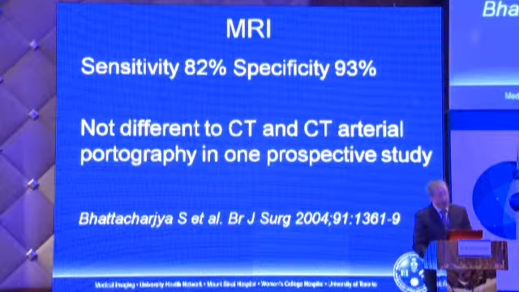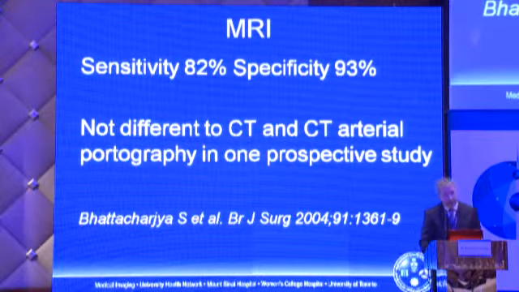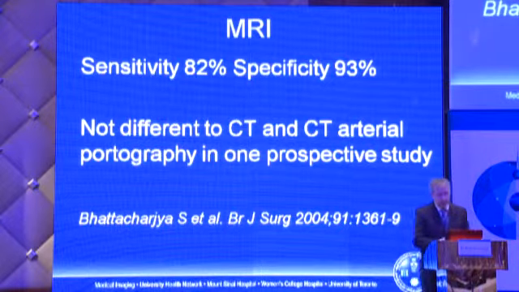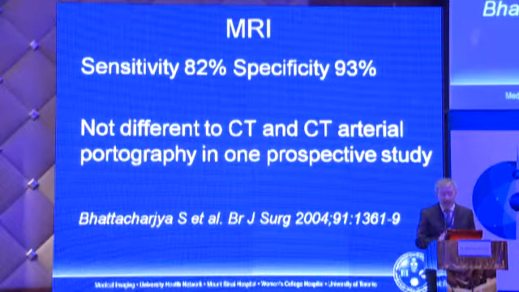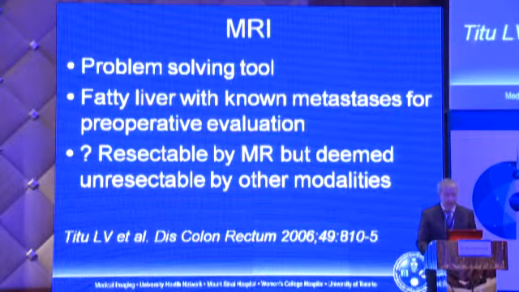Probably not greatly different to CT and CT arterial portography in one prospective study, but I haven't seen CT arterial portography performed probably within the last 10 years. So just standard CT and MR protocols are really very good today.